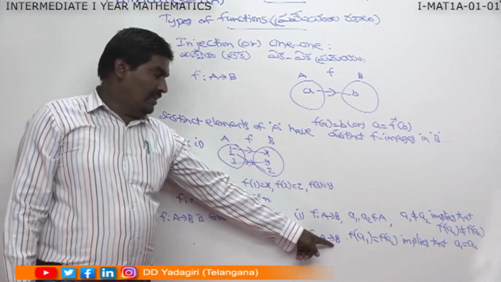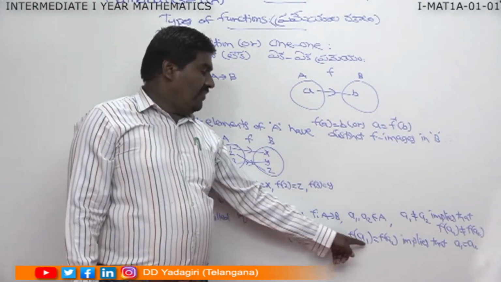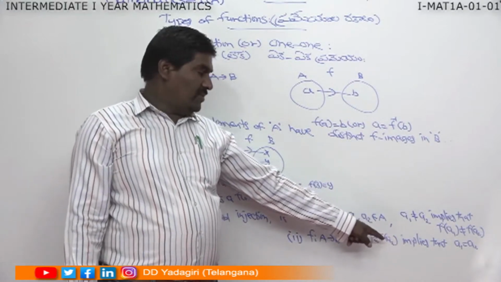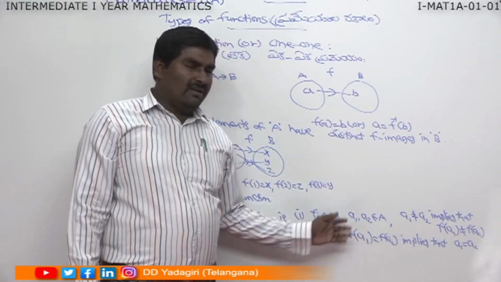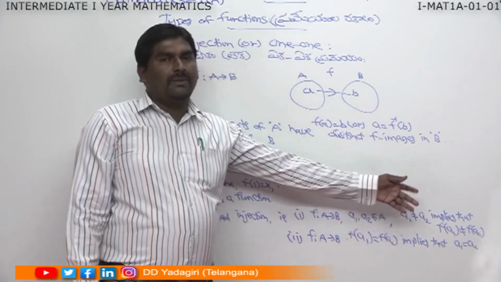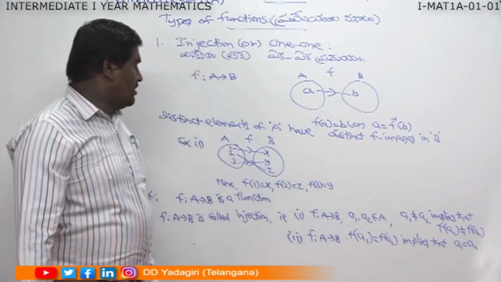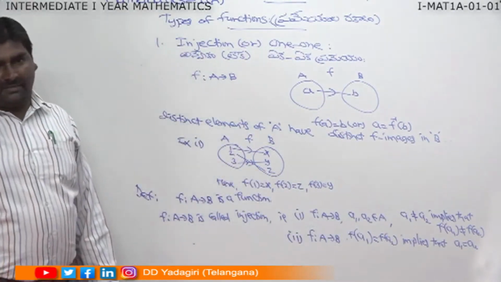If f of a1 is equal to f of a2, meaning two elements are having the same images, then the two elements must be equal. It is the concept of injection.